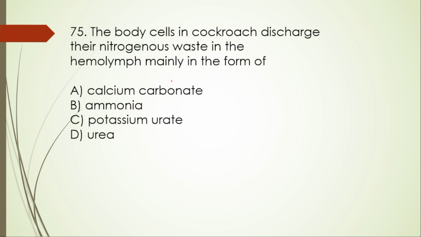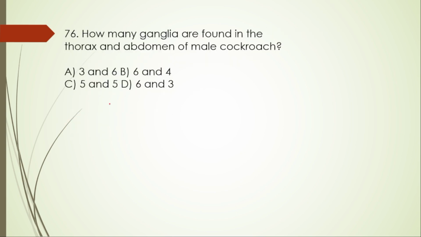Next, 75. The body cells in cockroach discharge their nitrogenous waste in the hemolymph mainly in the form of calcium carbonate, no. Ammonia, no. Potassium urate. This one is correct. The next question is question number 76.